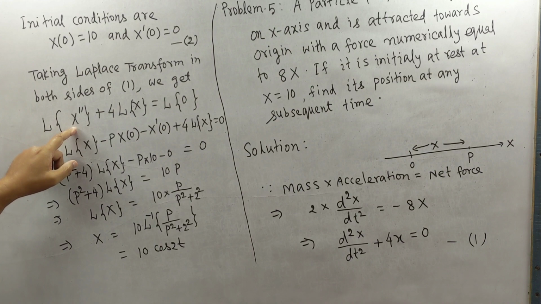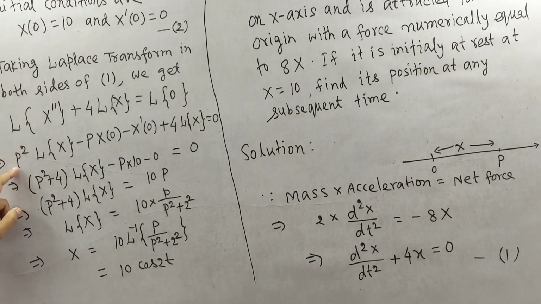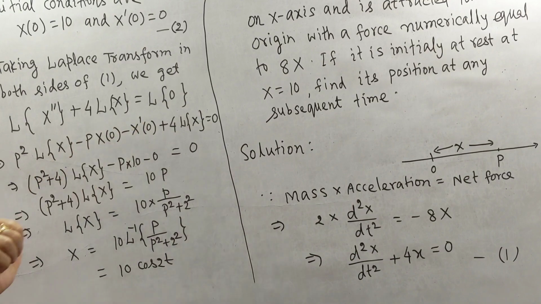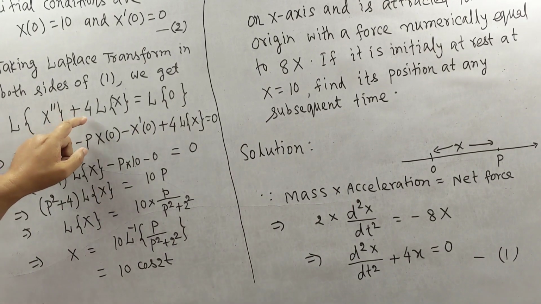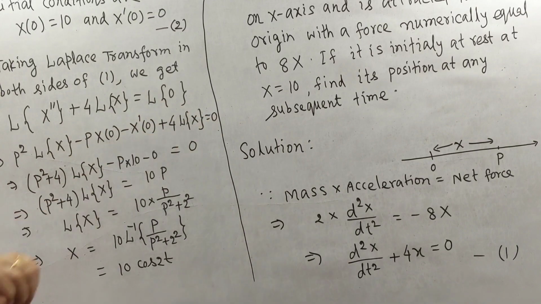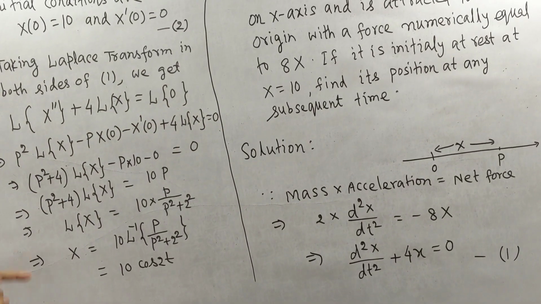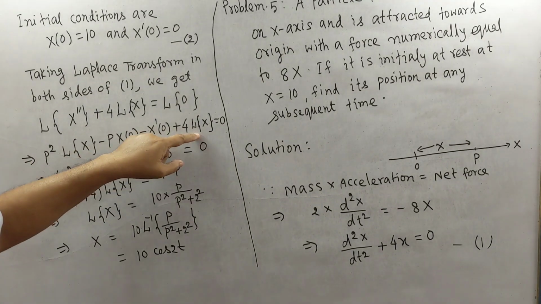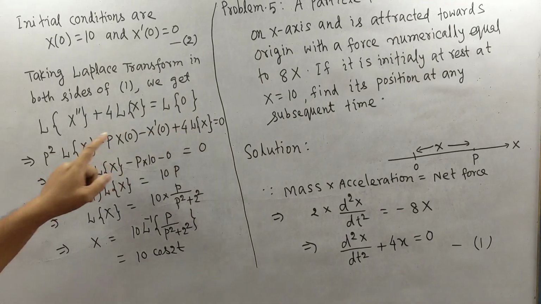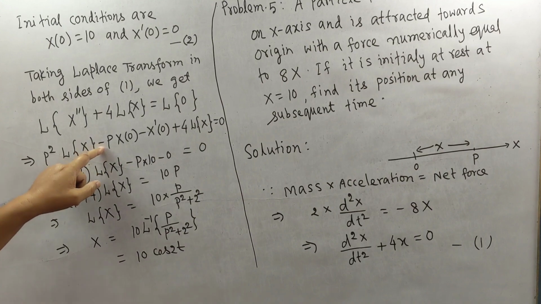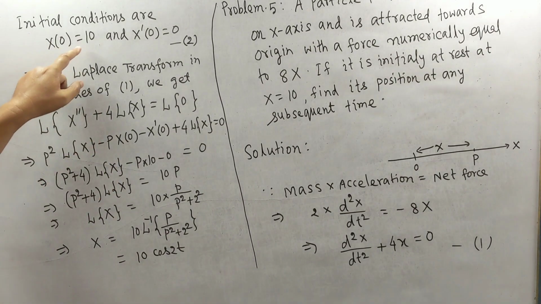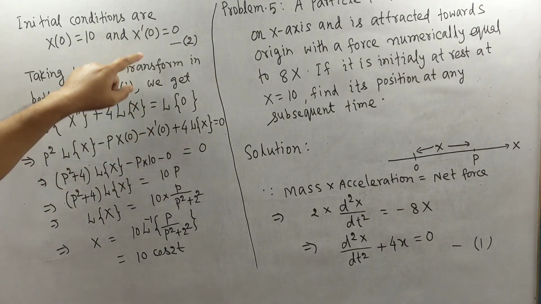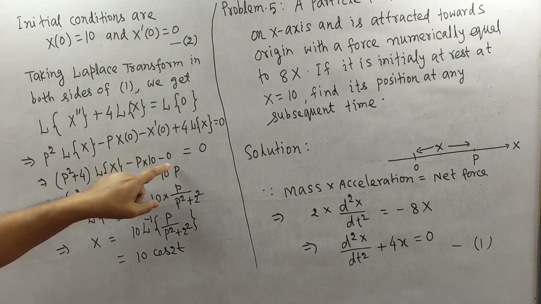Laplace transformation of the second order derivative is p square L of x minus p x0 minus x dash 0 plus 4 L of x. Right side is 0. Taking L of x common from these terms, p square plus 4 L of x minus p x0, x0 is 10, and minus x dash 0, x dash 0 is 0.